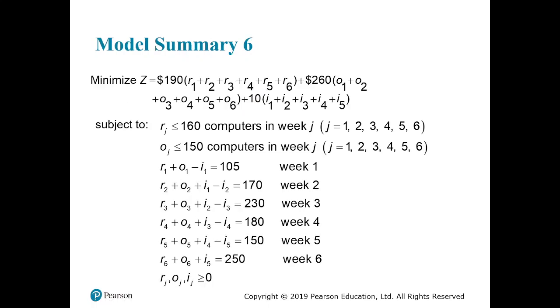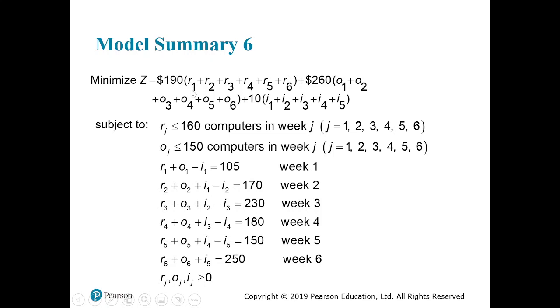Now the objective function is written in this way. Each of the Rj, where j is equal to 1, 2, 3, 4, 5, and 6, is associated with the cost of 190.